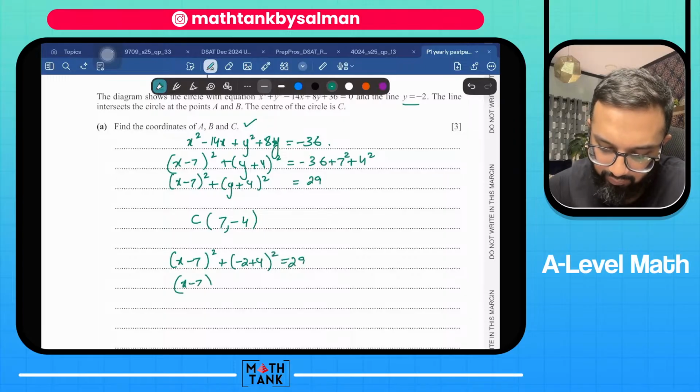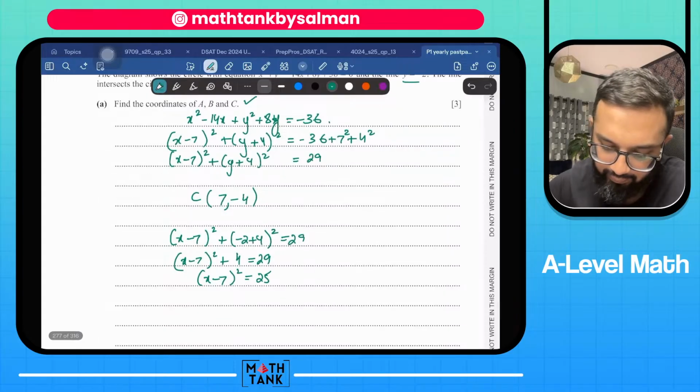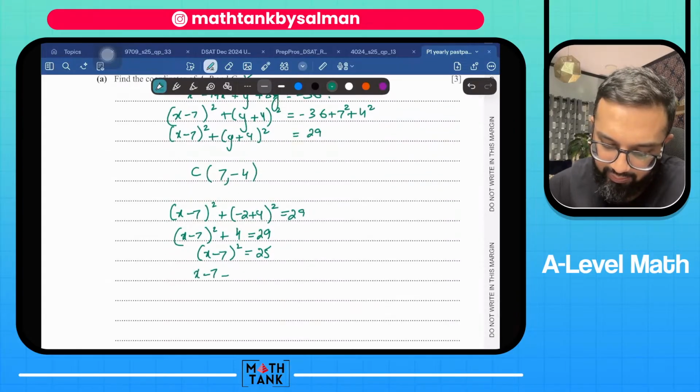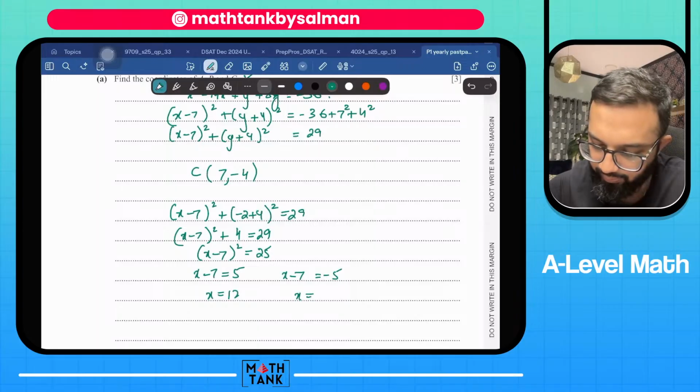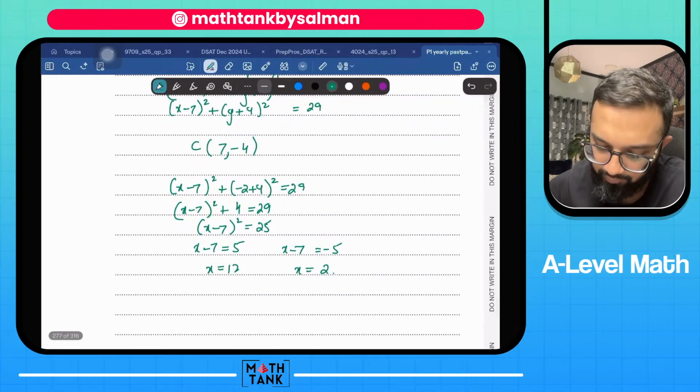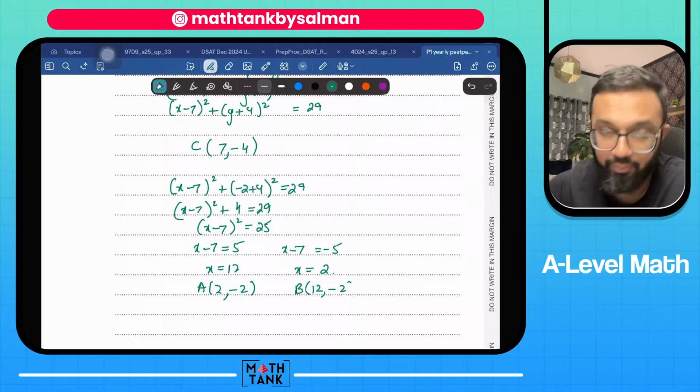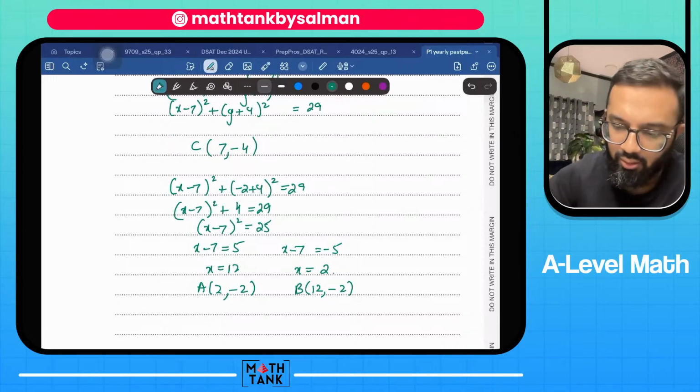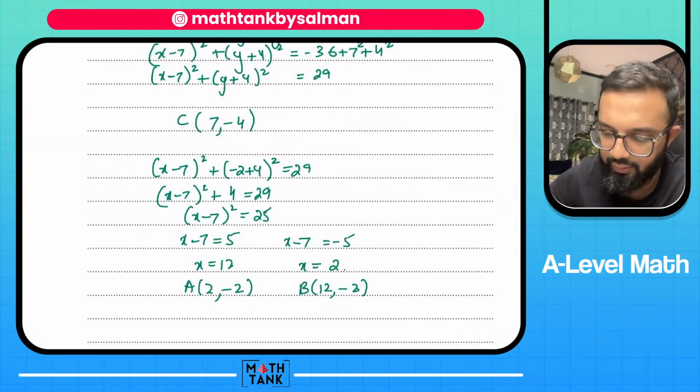X minus 7 whole squared plus 2 squared is 4, so 29. X minus 7 squared is 25. X minus 7 equals 5 and x minus 7 equals minus 5. X equals 12 and x equals 2. So A should be 2 comma minus 2 and B should be 12 comma minus 2. I think those should be the correct answers.